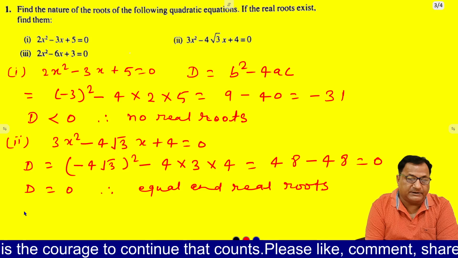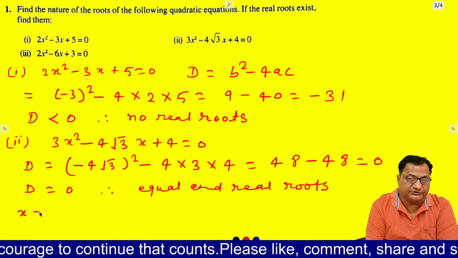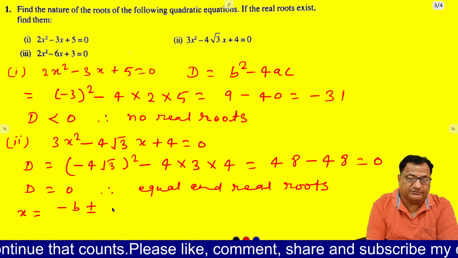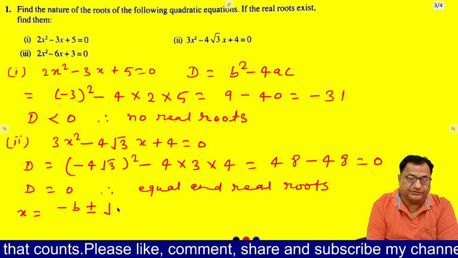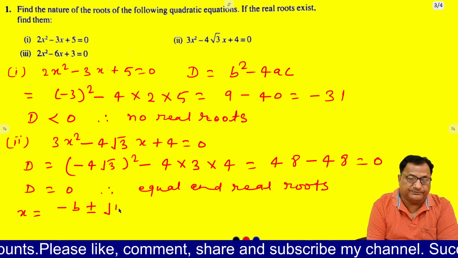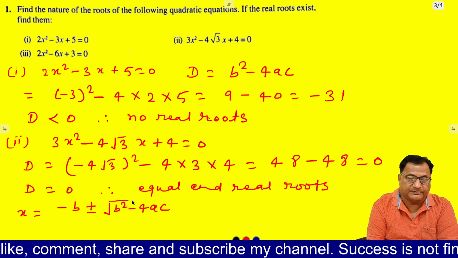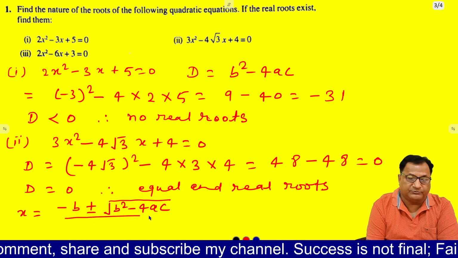Now we will find the value of x. Then x is equal to, the formula we will use, minus b plus minus square root of b square minus 4ac, by 2a.